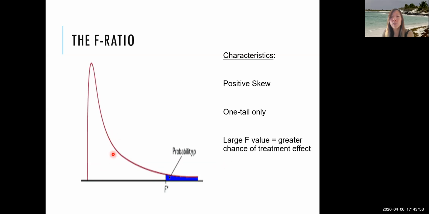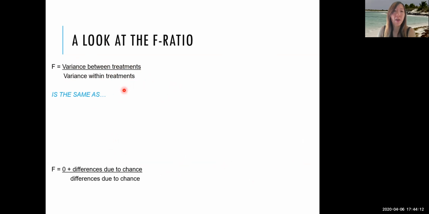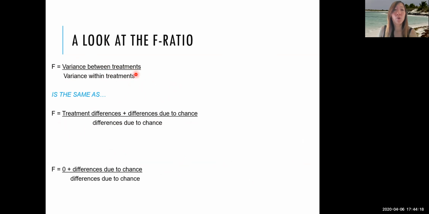So why do we have a skewed distribution? Why is 1 our null hypothesis? Okay, I just wrote this up here again, the F ratio: variance between treatments divided by variance within treatments, all right? That's our F ratio. And that is the same as our treatment differences and our differences due to chance. So we have treatment differences, which is what we were looking for when we calculated the T statistic.